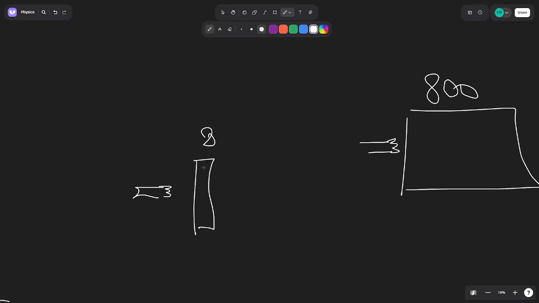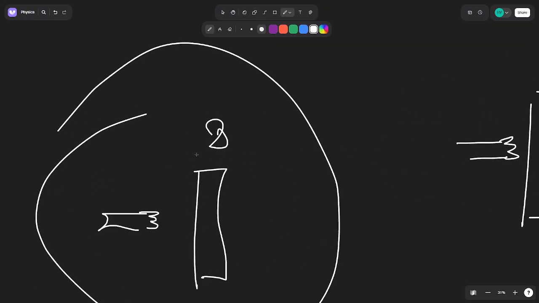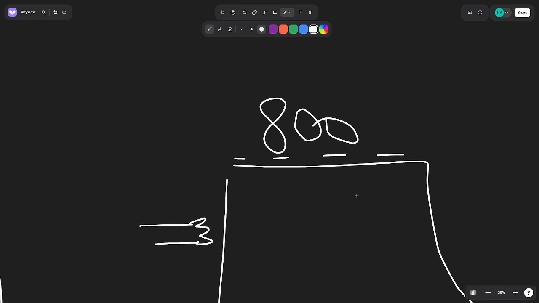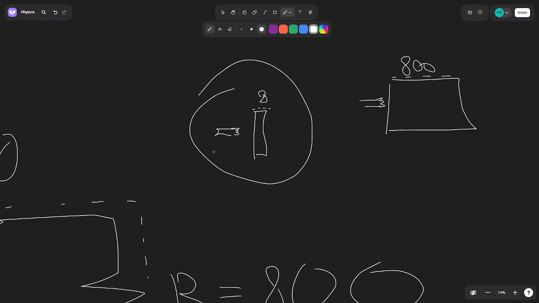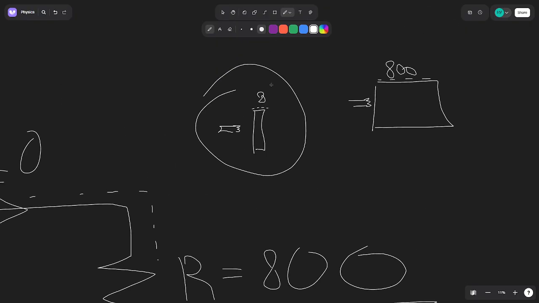Which one will take longer to crack, to break down? Of course this one, because the other is just smaller. Imagine resistance as a wall. So the smaller the wall, the less time needed to push all the electricity through it.